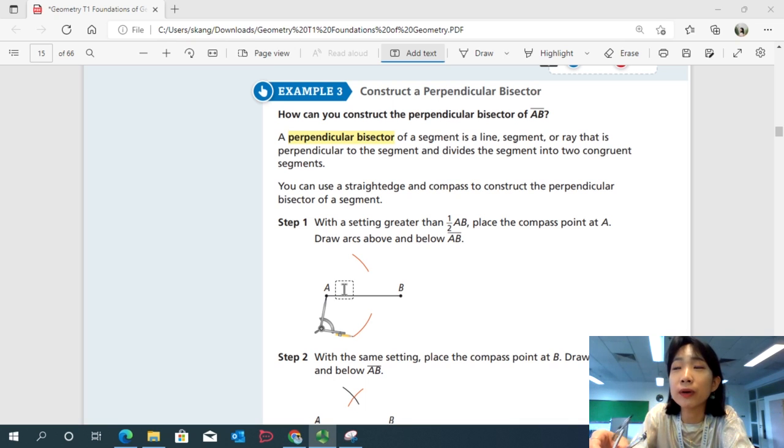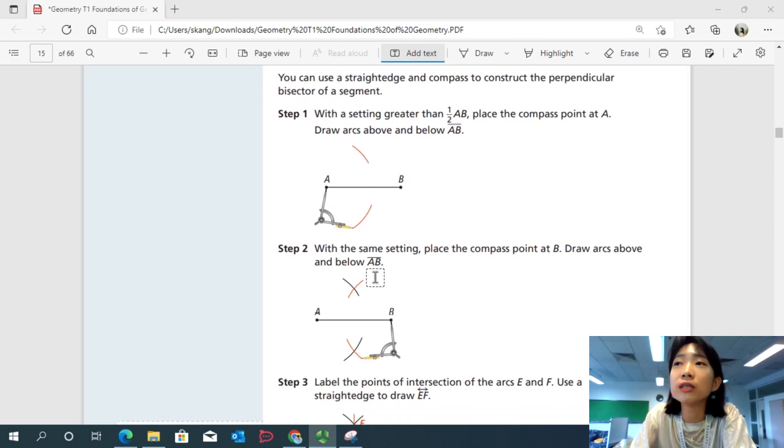You're going to place a compass point at A and draw arcs above and below segment AB. It doesn't have to go through, but if you just want to draw an arc that goes through, that's fine. We're not going to use the intersection of that arc with the line, okay? You just need the arc big enough so that it goes above and below the segment.